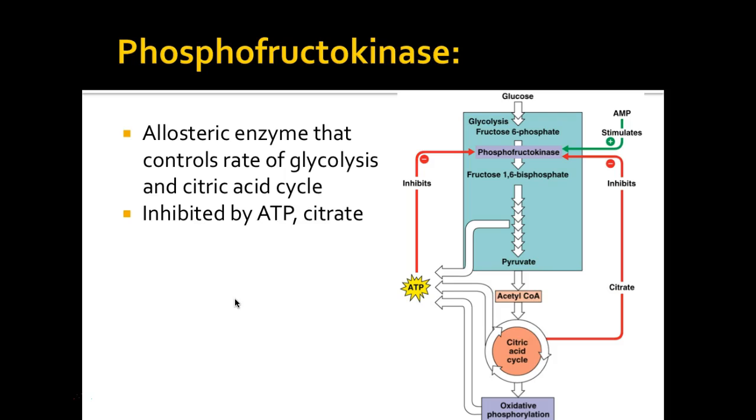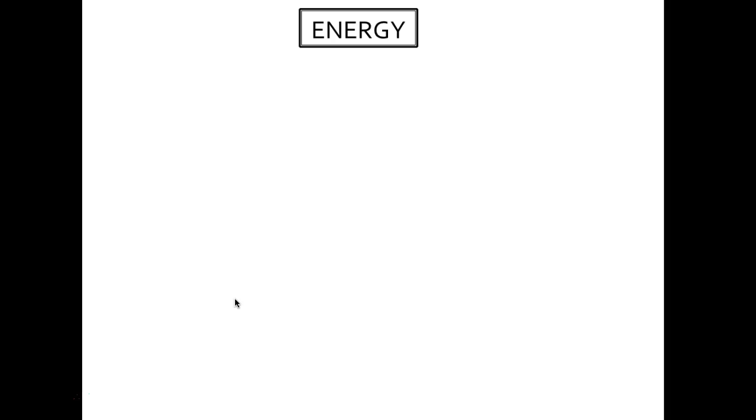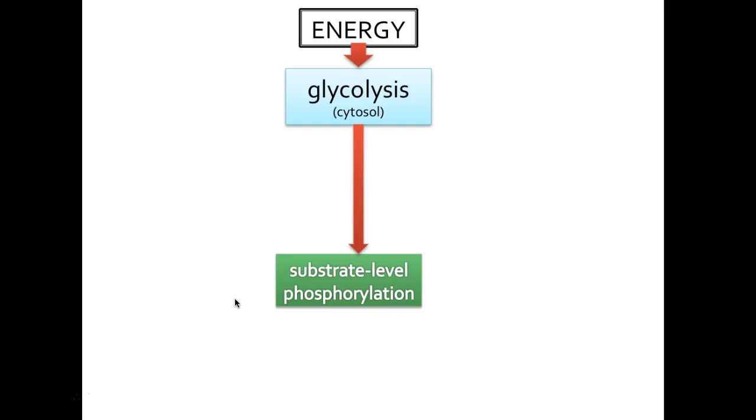It's inhibited by ATP and citrate, and it's stimulated by a molecule known as AMP. AMP plus a phosphate plus another phosphate is ATP.